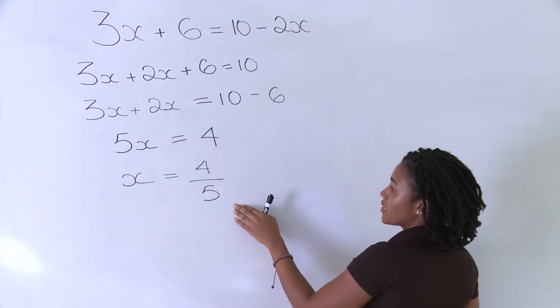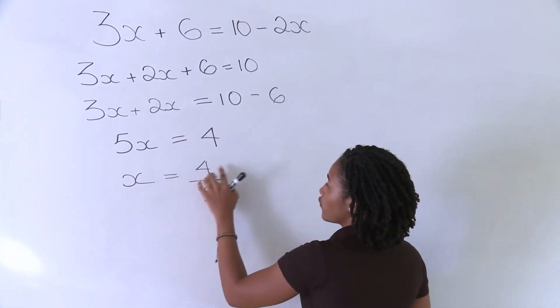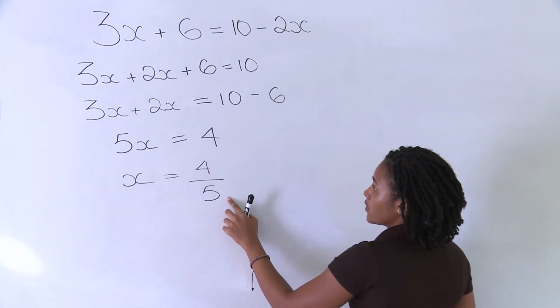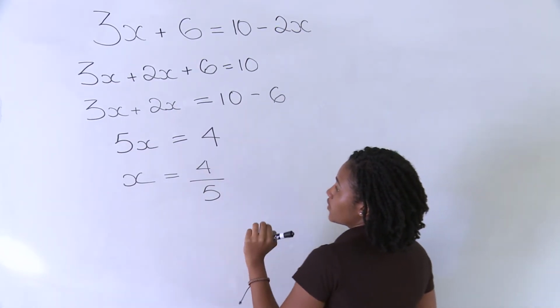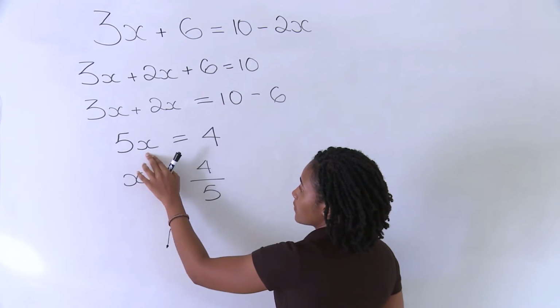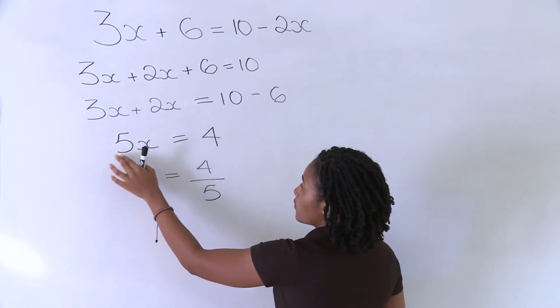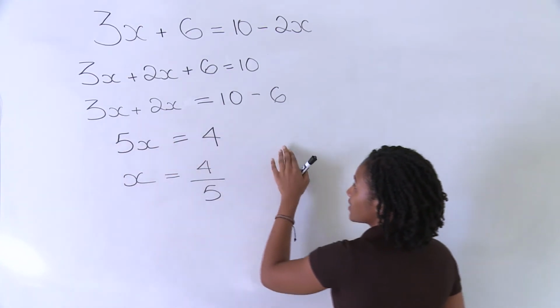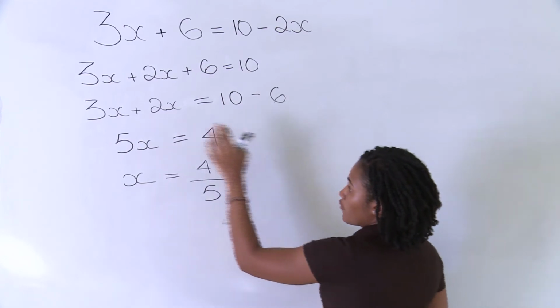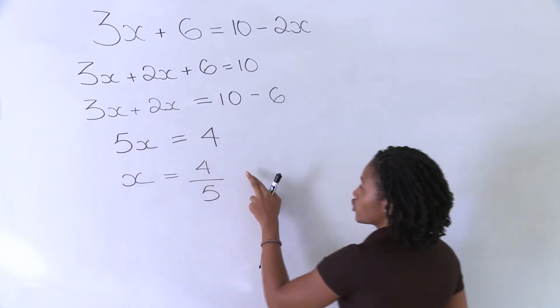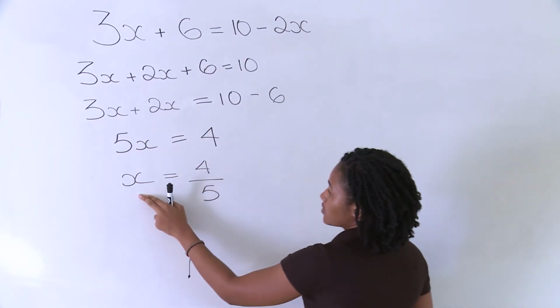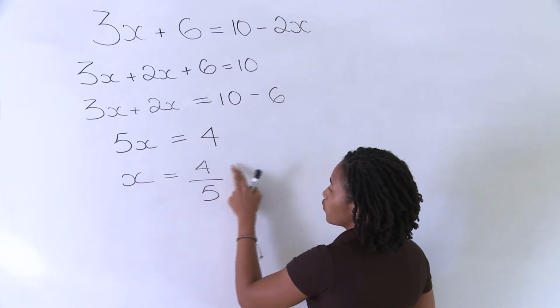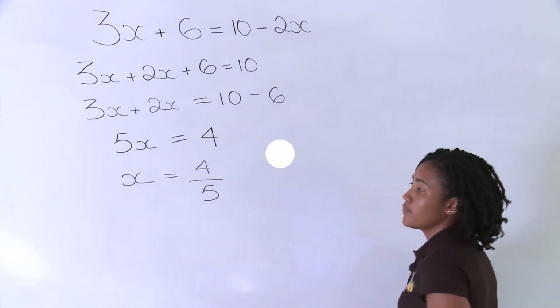So we present our answer as x is equal to 4 on 5. In the previous step, we realized that 5 is multiplied to x. So when we bring 5 over to the right-hand side of our equation, from multiplication, it turns to division. So our answer is x is equal to 4 on 5.